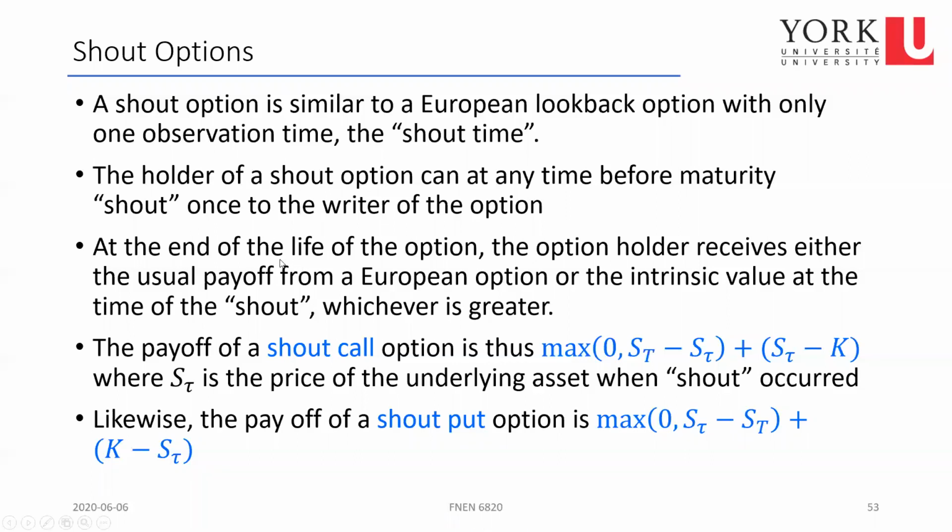Then at the end of life of the option, the holder will receive either the usual payoff of a European option or the intrinsic value at the time of the short, if that is greater.